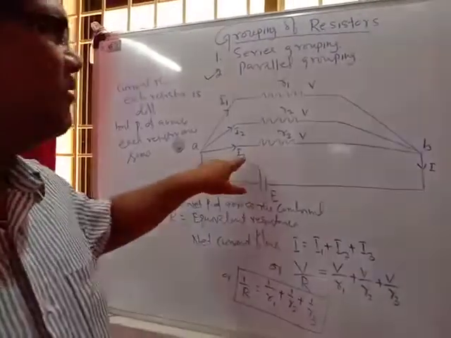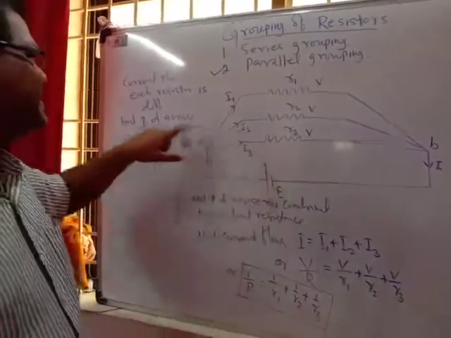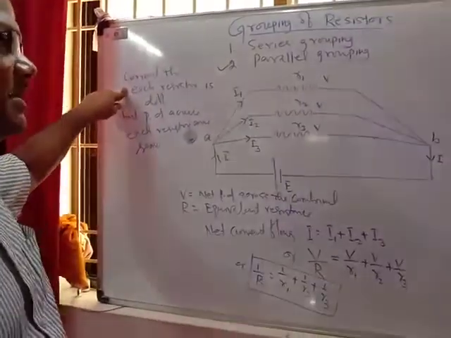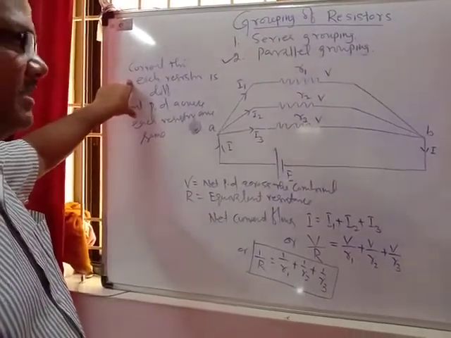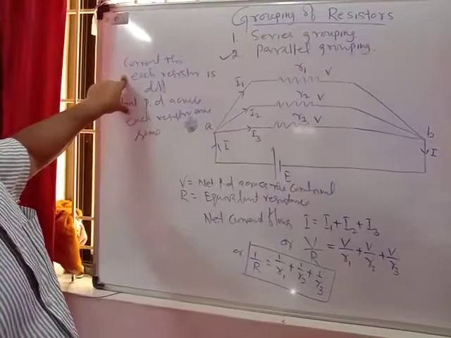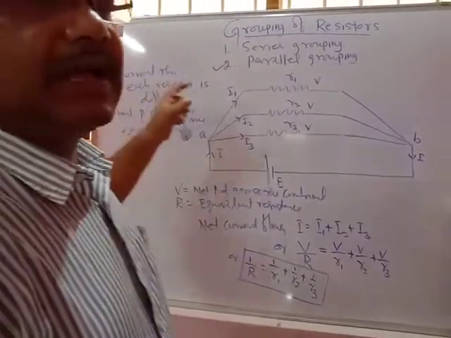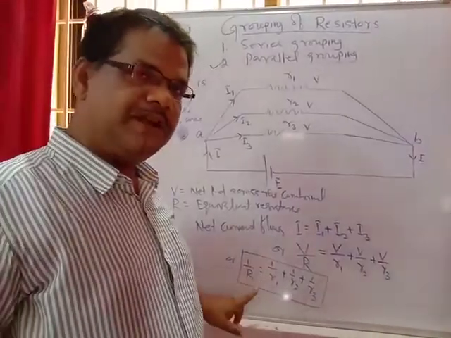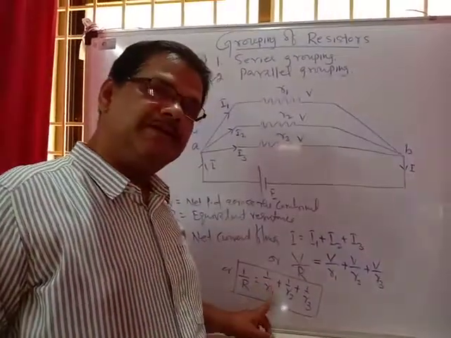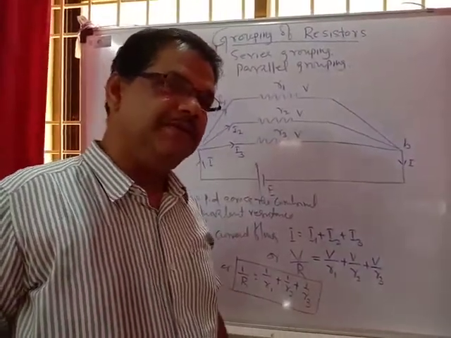So in parallel grouping, the important thing is that different current flows through each resistor, and the PD across each resistor is the same, equal to the PD across the grouping of resistors. Here the reciprocal of the equivalent resistance equals the sum of the reciprocals of the individual resistors.